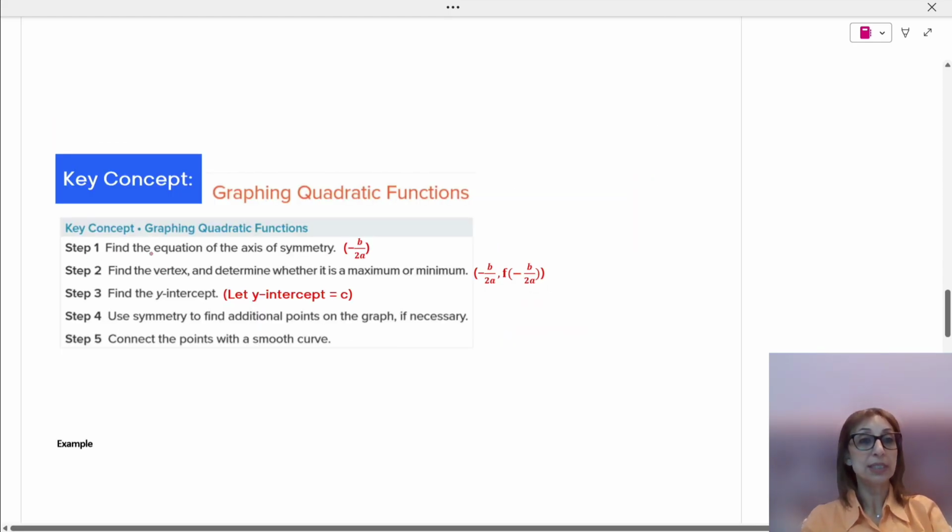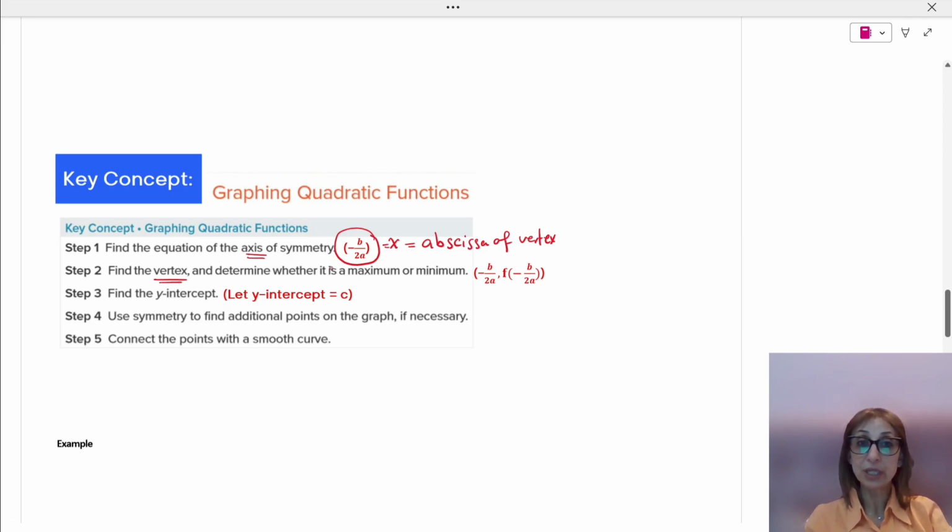So here are the steps to graph the quadratic functions. The first step is to find the equation of the axis of symmetry, and we said we will use negative b over 2a. This is x of the axis of symmetry, and it is at the same time the abscissa, or the x coordinate of the vertex. Step number 2: find the vertex and determine whether it is a maximum or minimum.